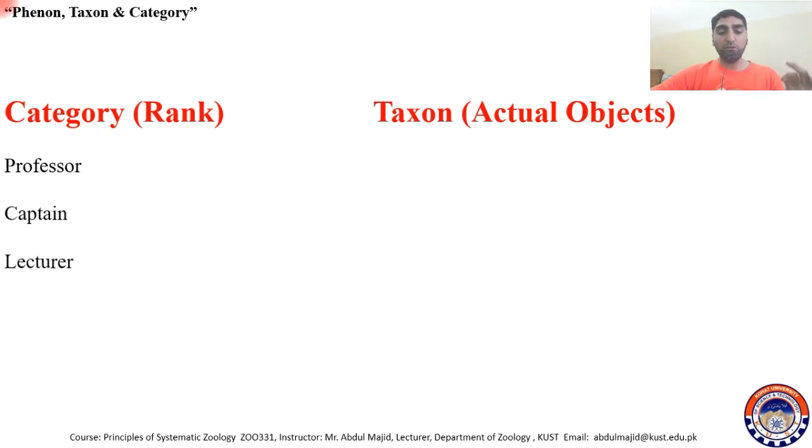And if I tell you that I have a friend in Kohat University who is a lecturer, you will think the rank of the person is lecturer, BPS 18, but you don't know the actual person. If I tell you major, major is the fourth rank in the army, but again you don't know who that major is. But if I tell you Professor Akram Shah, then you know the actual person.